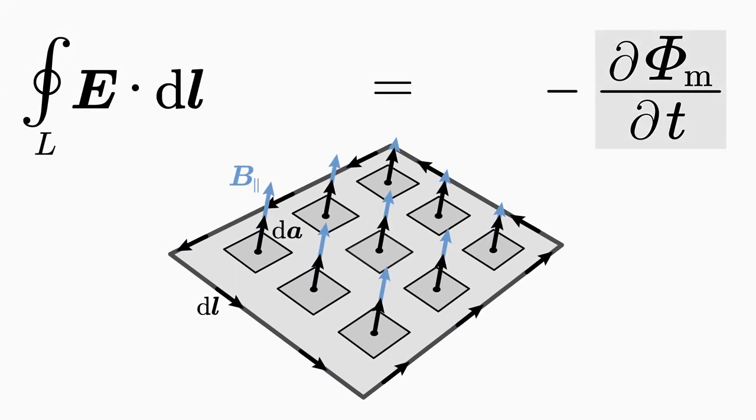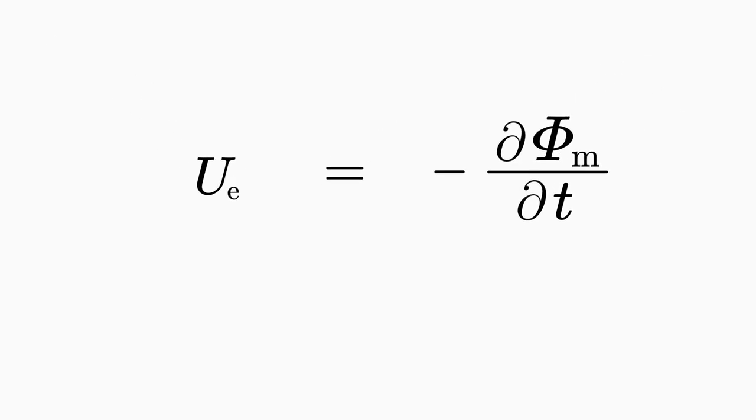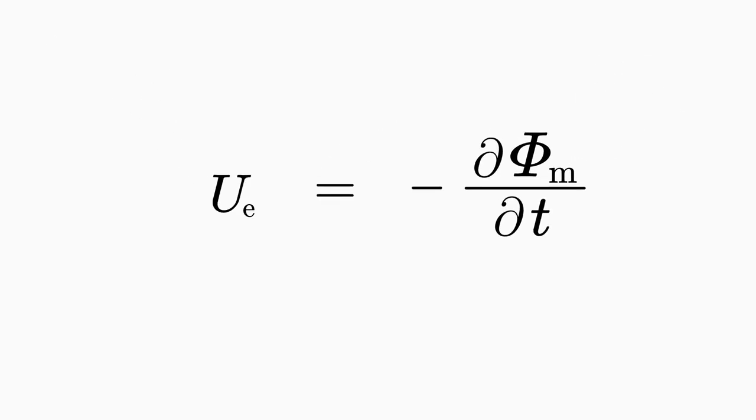If the change in the magnetic flux is positive, the electric voltage is negative. If the change in the magnetic flux is negative, the electric voltage is positive. The electric voltage and the change of the magnetic flux thus behave opposite to each other. The minus sign ensures energy conservation. Maybe you know that by the name Lenz's law.